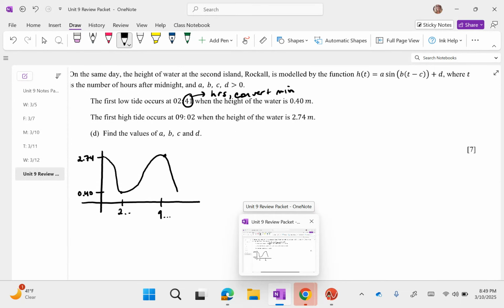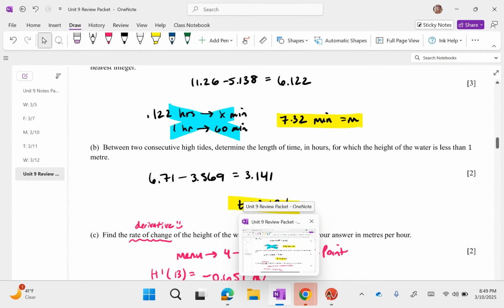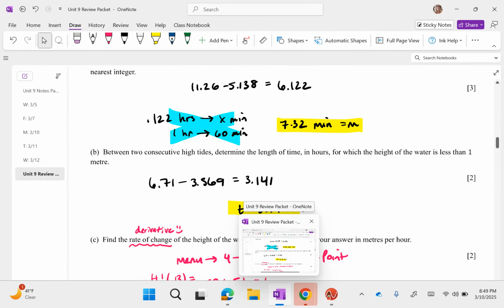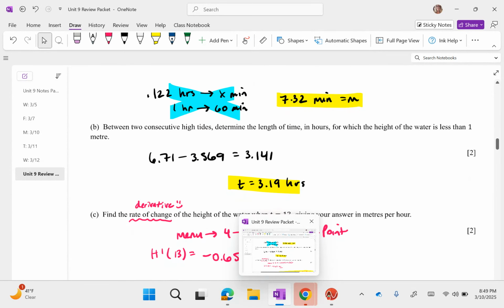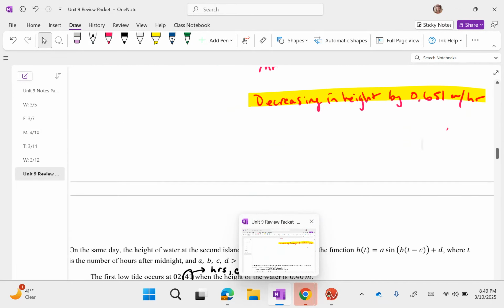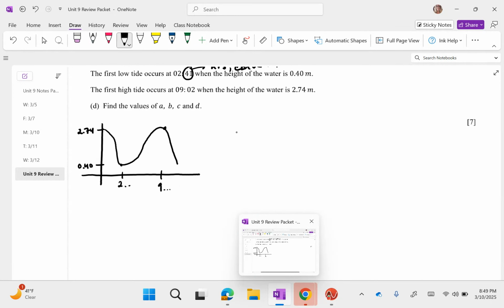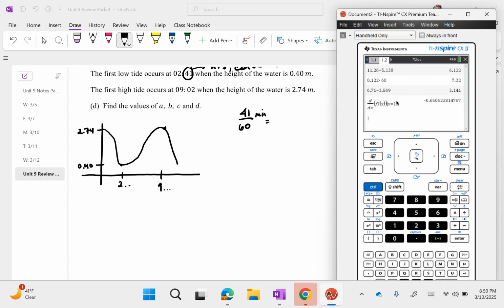So how did I end up converting up here? I set up a proportion, but then it ended up just being me taking the decimal of the hours and multiplying it by 60 to get the minutes. So I'm going to work backwards for that. So the 2:41, I'm going to do 41 divided by 60 because I'm working the other way now. And that's going to give me 0.683.